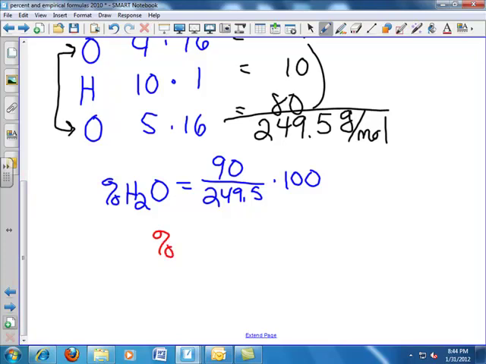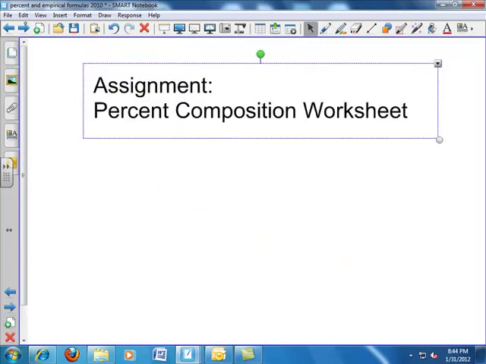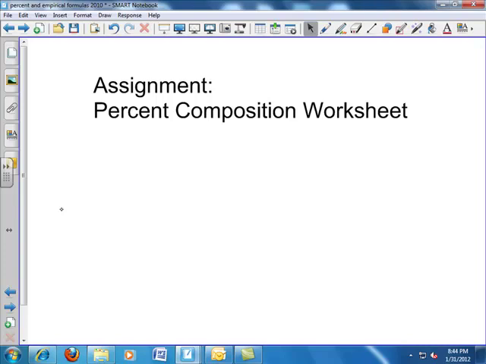And so the percent of water in this particular compound is 36%. And that's how you do percent composition. Now, your assignment then should be the percent composition worksheet.